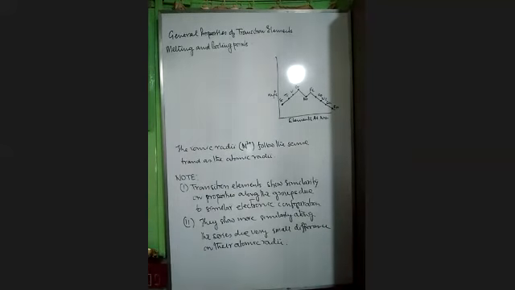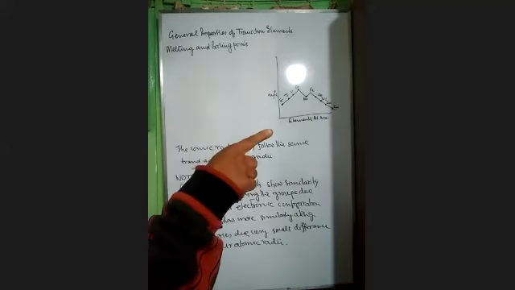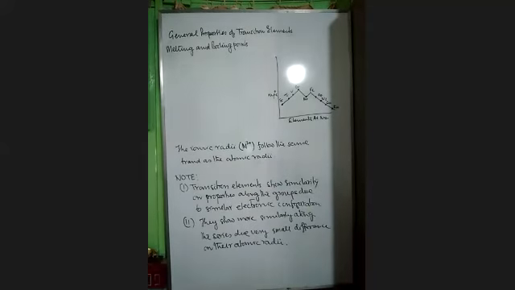See here. In this case, what happened? Melting point gradually increases. Suddenly it falls down. Again it increases. Then it decreases steadily.